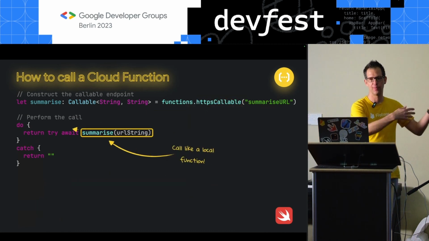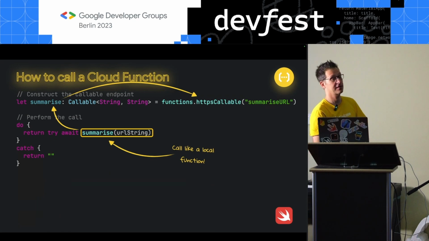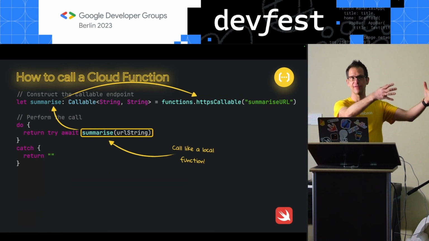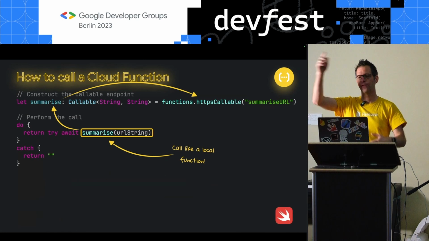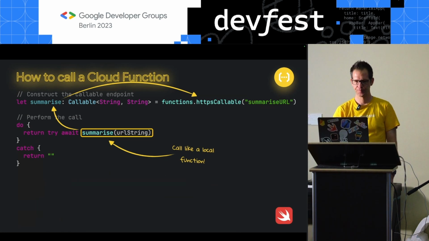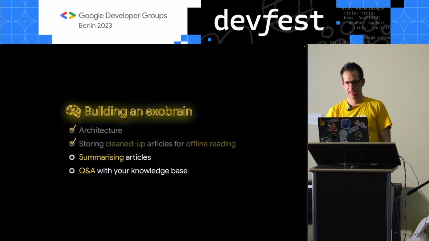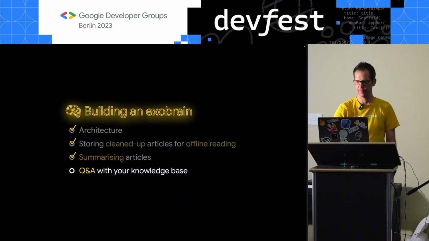And this is why this call here actually works. So it looks like a freestanding function, but really it is a function on an object. Okay, and this is how we implemented summarizing articles.